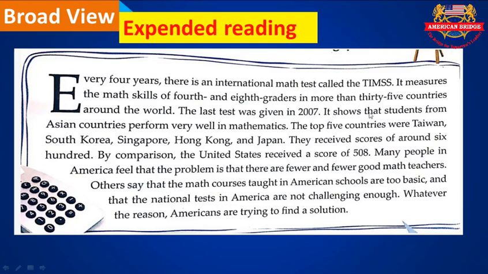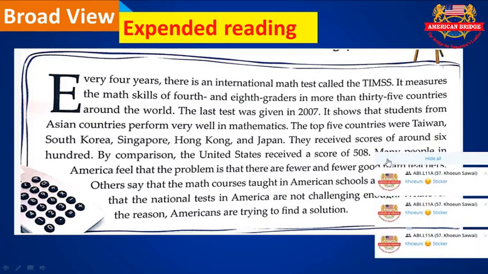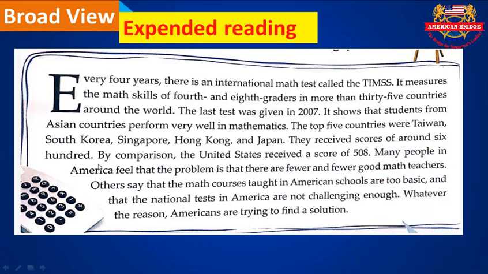It shows that students from Asian countries perform very well in mathematics. The top 5 countries were Taiwan, South Korea, Singapore, Hong Kong and Japan. They received scores of around 600. By comparison, the United States received a score of 508.